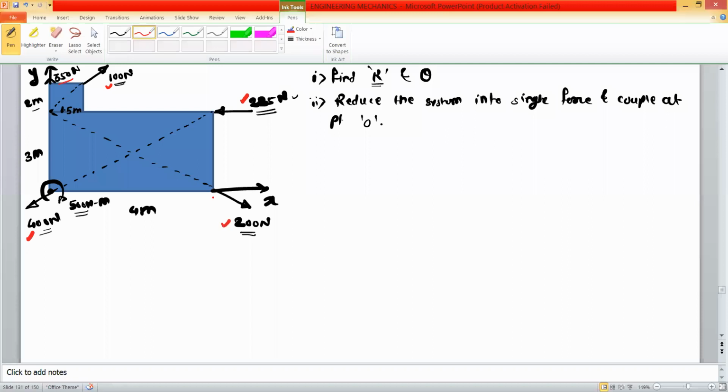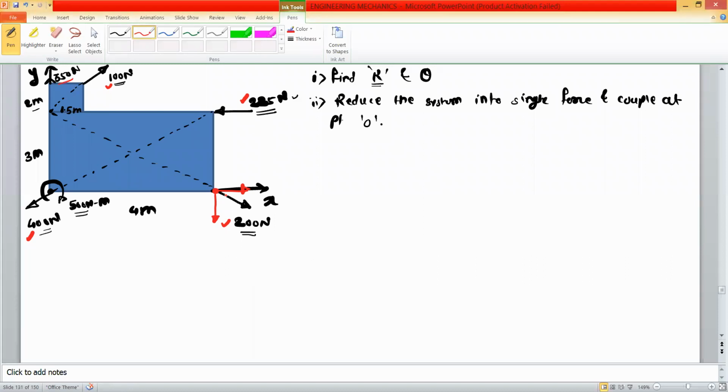To resolve the forces, we must know the angle with respect to either the x-axis or y-axis. So observe the 200 Newton force. Suppose we want to resolve the force at this point, then this will be the x component and this is the y component. We need to find the angle with respect to the x-axis or y-axis.